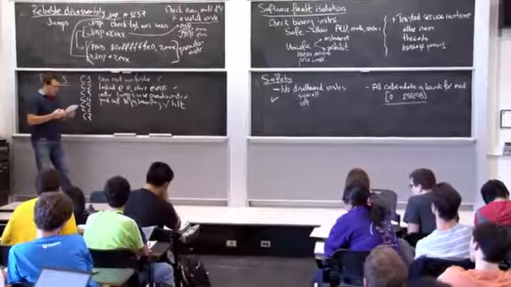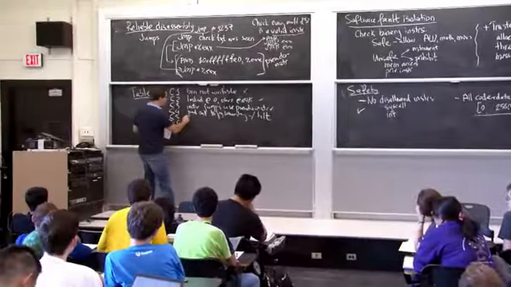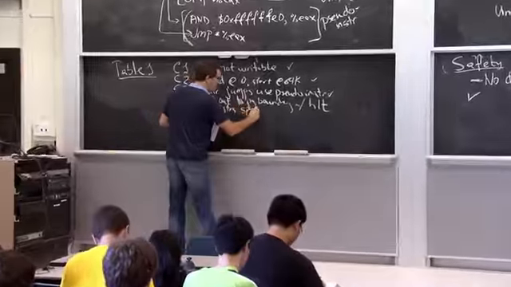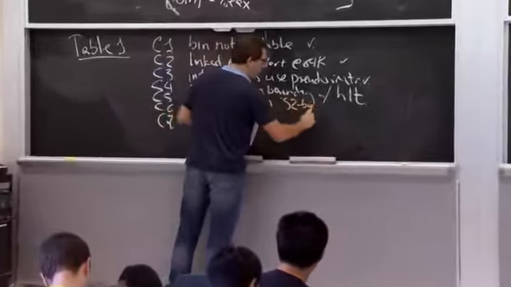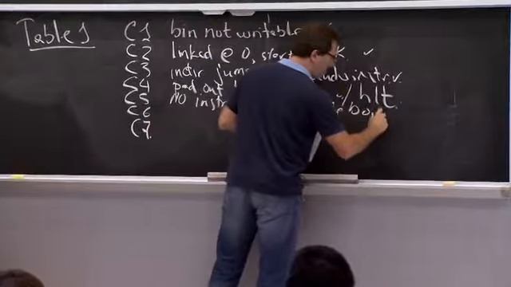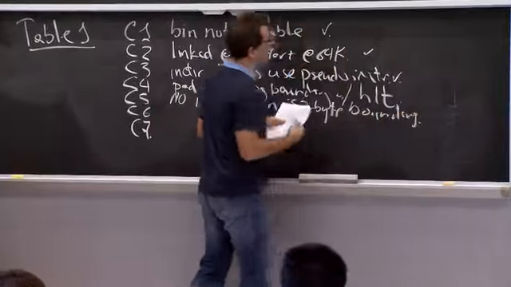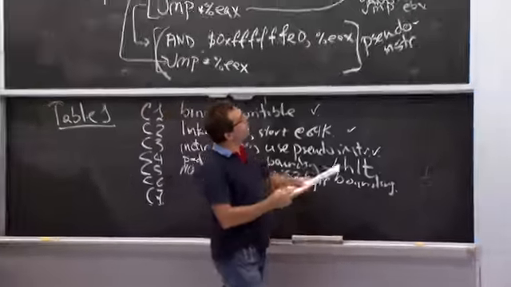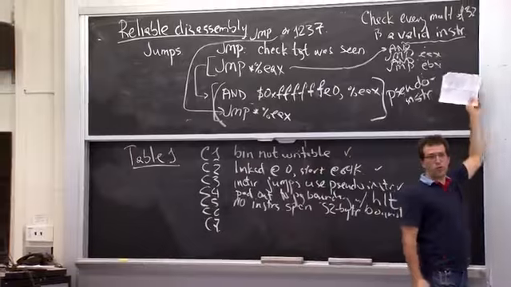All right. So then C5 is basically no instructions that span the 32-byte boundary. This is sort of a variant of this rule that we talked about before, where every multiple of 32 must be a valid instruction that we saw during disassembly.